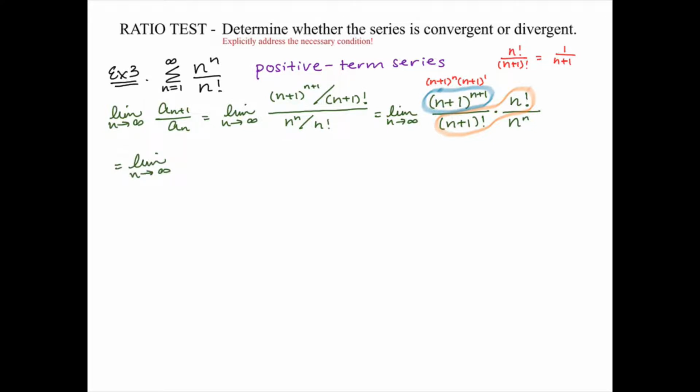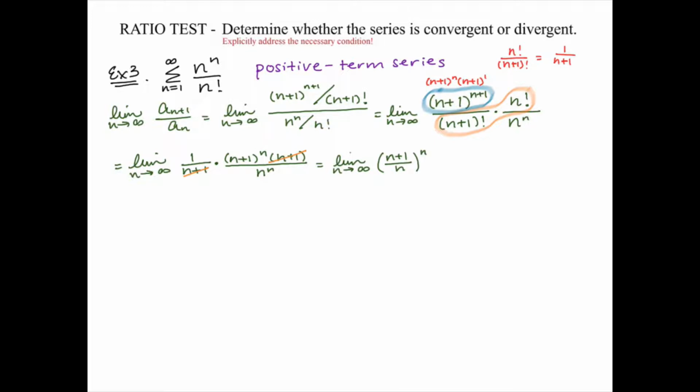My factorials simplify to 1 over n plus 1. Then in the numerator I have (n plus 1) to the n, (n plus 1) to the first, and in the denominator I still have an n to the n. Now you can see that that's useful because these n plus 1s are going to cancel out. And now I'm left with the limit as n approaches infinity of (n plus 1) over n, to the n.